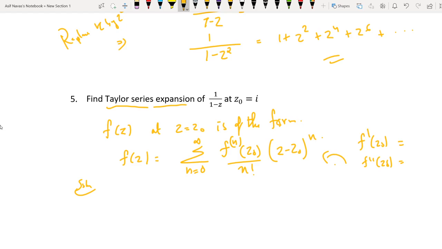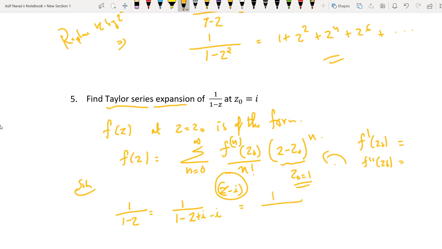at z naught equal to I. So we want, here z naught is equal to I. So we want the expansion in the form z minus I. So already we have 1 by 1 minus z. This can be written as 1 by, we want this thing, 1 minus z plus I minus I. Okay.